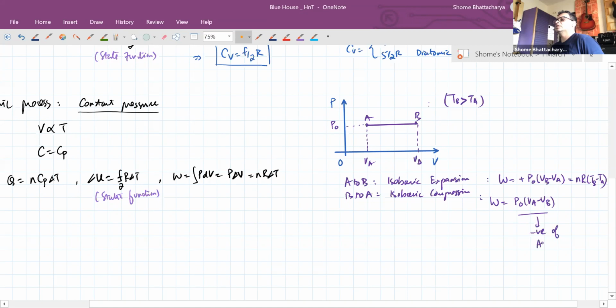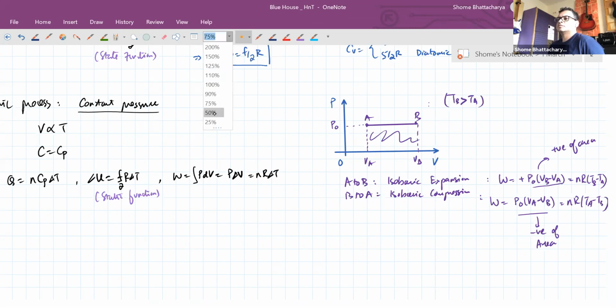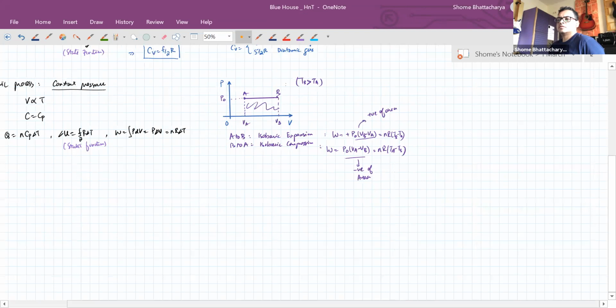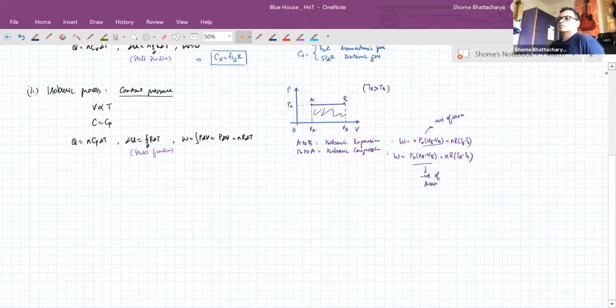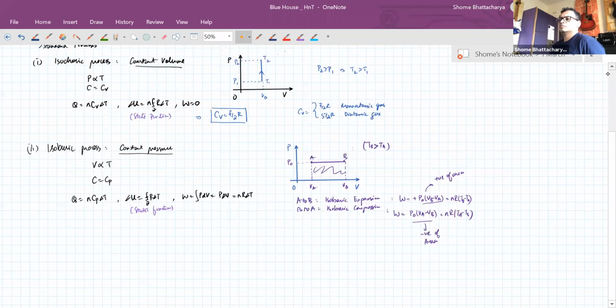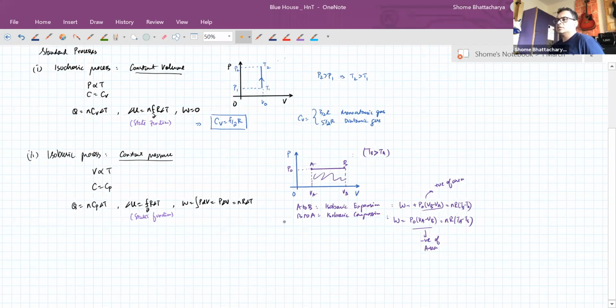It would be negative of area, whereas this is positive of area, this area. So this was the description of the isobaric process.